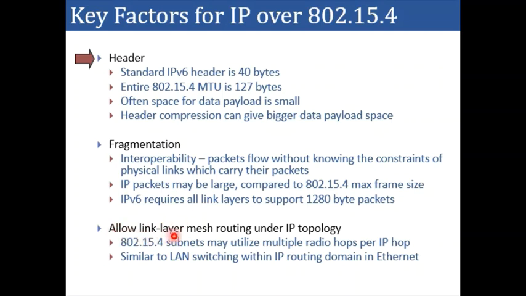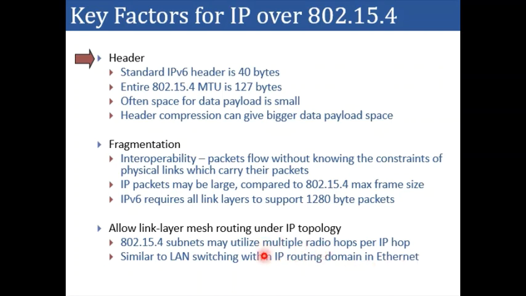And then the third important aspect is that it allows link layer mesh routing under the IP topology. Here 802.15.4 subnets may utilize multiple radio hops per IP hop, which is similar to what we see in LAN switching within the IP routing domain in Ethernet.